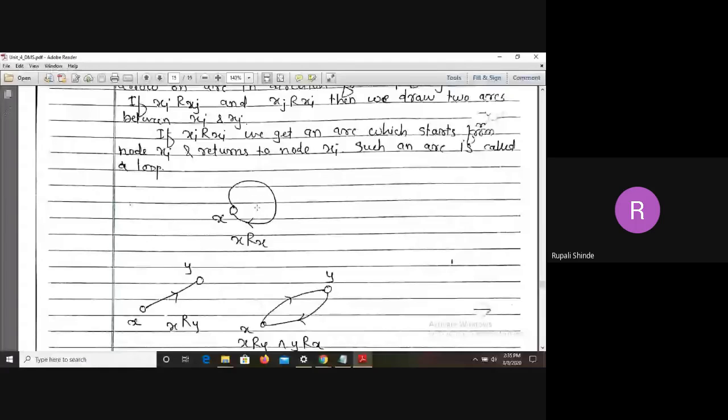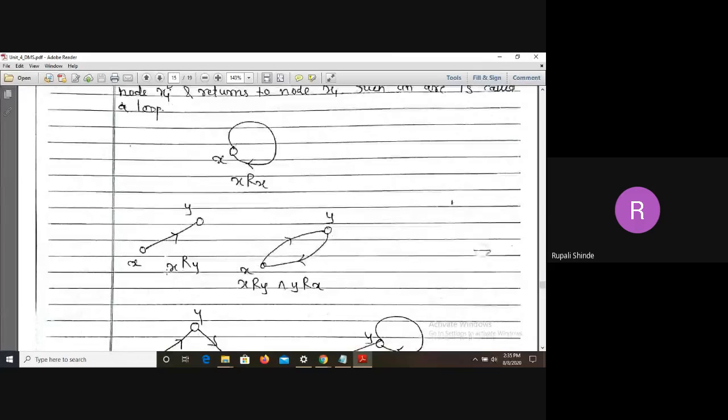Now here again x and y are the two elements. How can we represent it? x is in relation R with y because there is an R from x to y.